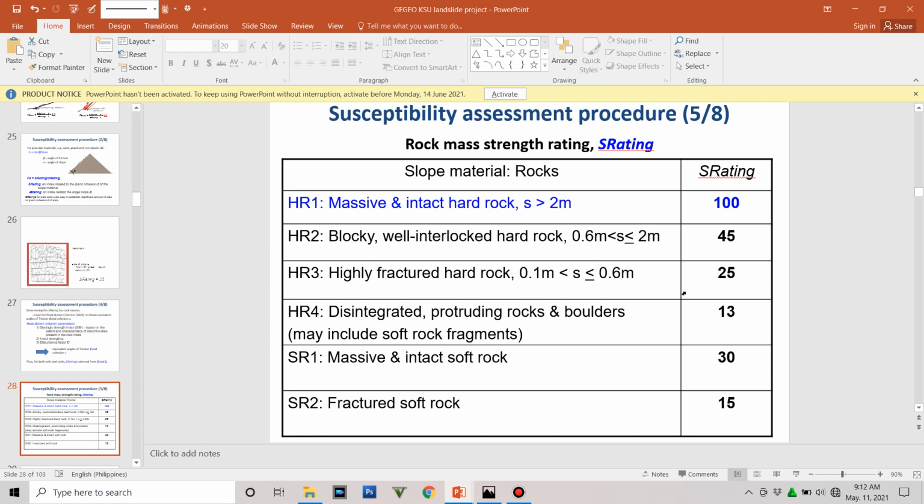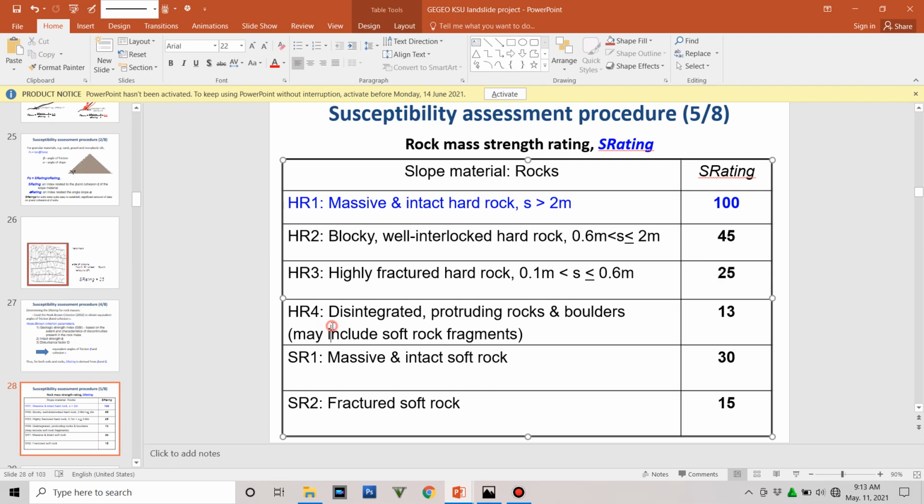And the score is, of course, about half of 45, so it dropped to 25. Nevertheless, you can see here that the lowest for hard rock is 25, still greater than that of HR4 and fractured soft rock. That score value is already quite low.